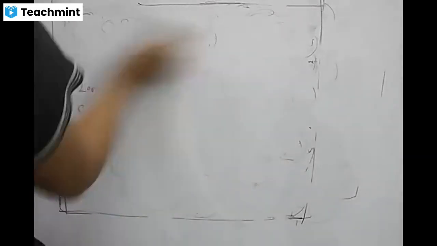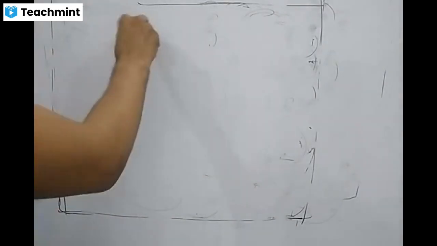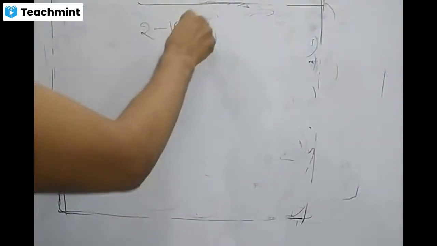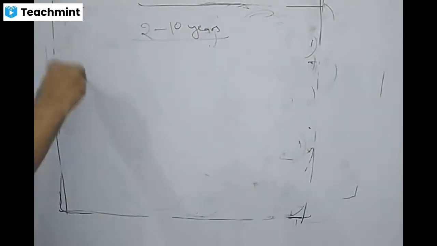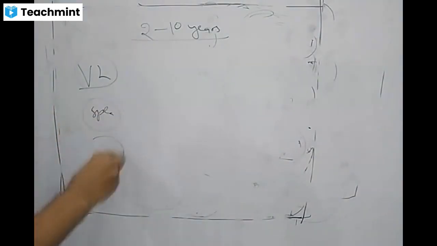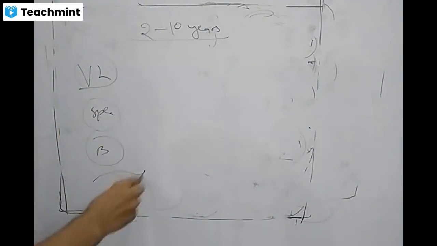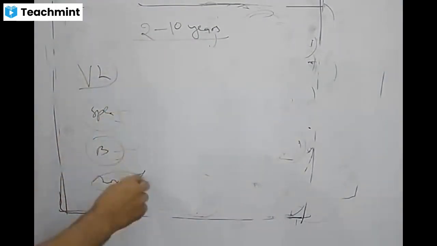But the story is not yet over. What happens after 2 to 10 years? These features were known as visceral leishmania. Why? Because the visceral organs, spleen, bone marrow, lymph nodes and other organs, become enlarged in size.